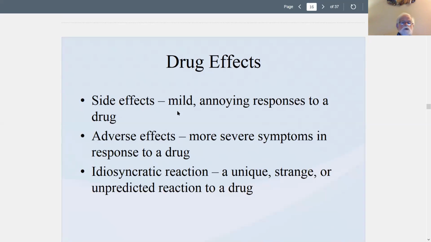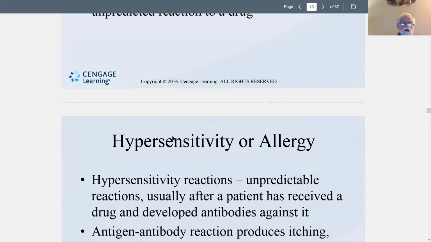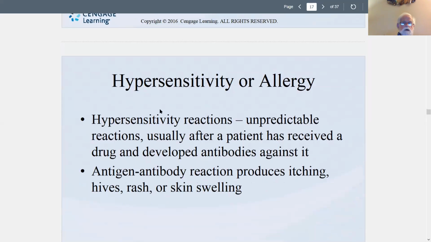And then there are unique, unpredicted reactions that individuals can have. These are called idiosyncratic, and they mean individually seen and not explained by mechanism or anything else. Usually we think of these as things that happen from a genetic difference between individuals.